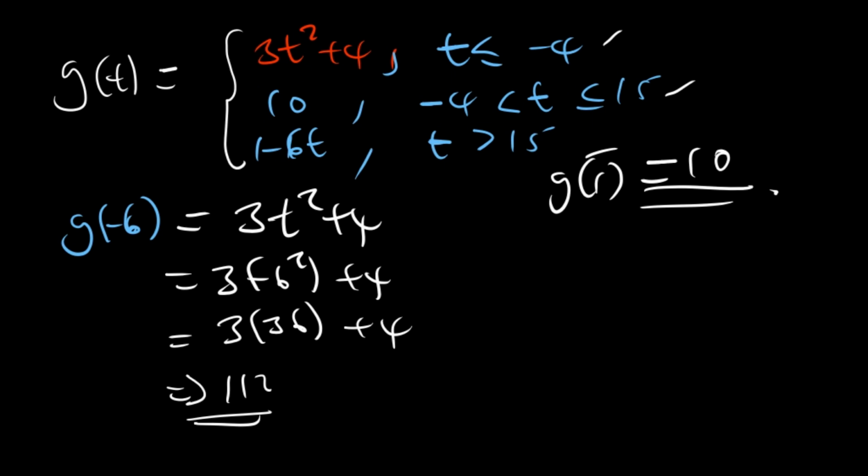So then the next question which I'm going to do is g of 21. So what is g of 21? Which one is including 21? Is it the first one, the second one, the third one?